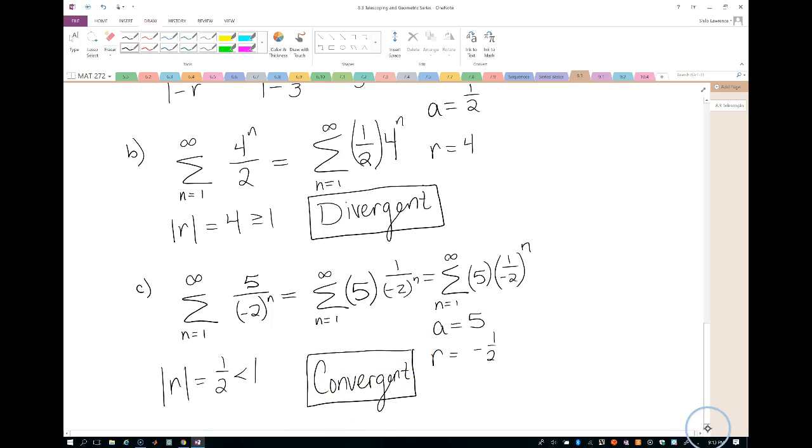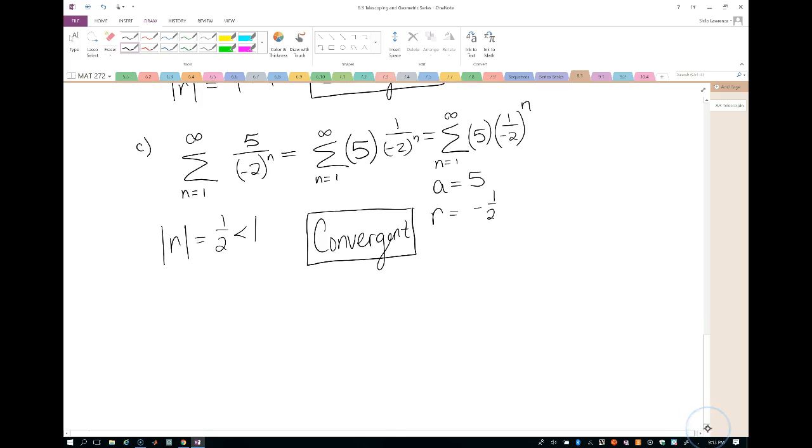And because it's convergent, we can find the sum. When it comes to finding the sum, this is where we have to pay attention to where our particular series starts. Our series starts at 1. The a over 1 minus r formula assumes we start at 0. That doesn't mean we can't use it. That just means we're going to have to do this calculation and then exclude the 0 term from our sum.